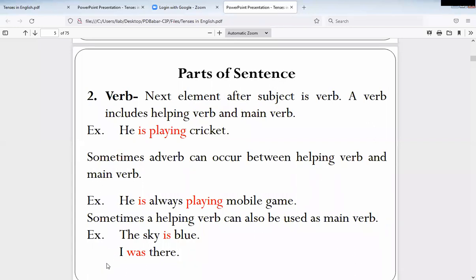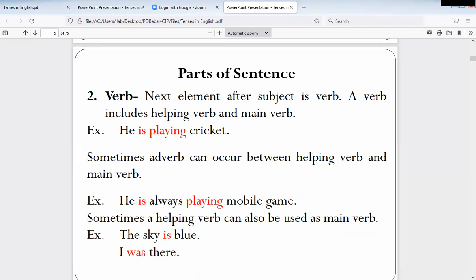Then see the next example. The second example is: I was there. In this example, can you find any main verb? There is no main verb in this sentence. I is the subject, was is the auxiliary verb, and there is what? The complementary part.